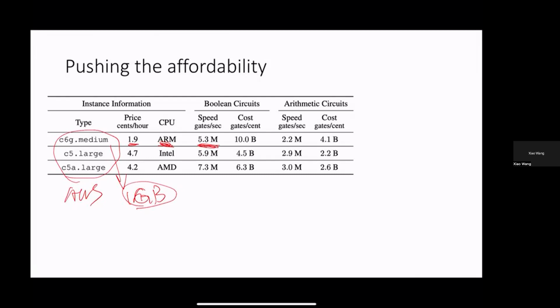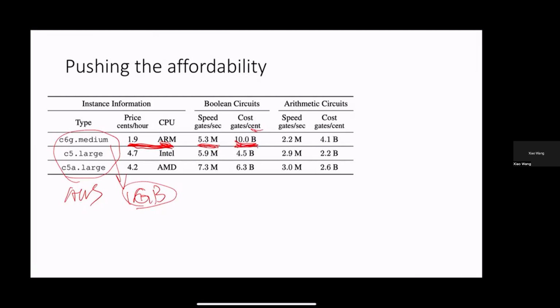So for Boolean circuits, with the most economic machine, we can compute 10 billion gates per US cent. There is inflation, but it's roughly 10 billion gates per US cent. So it's very cheap.